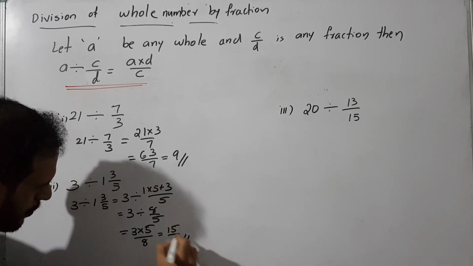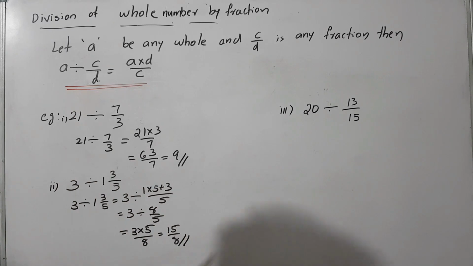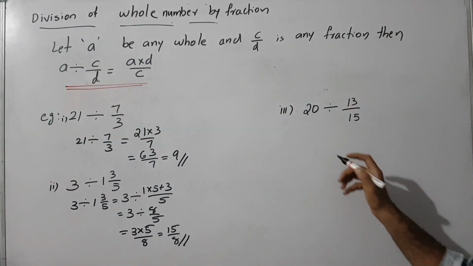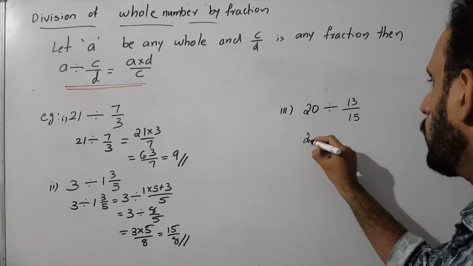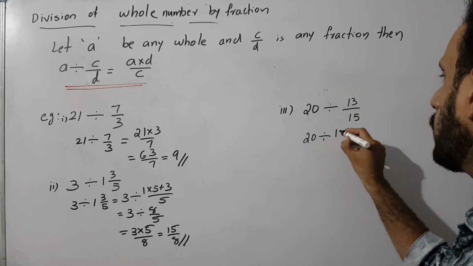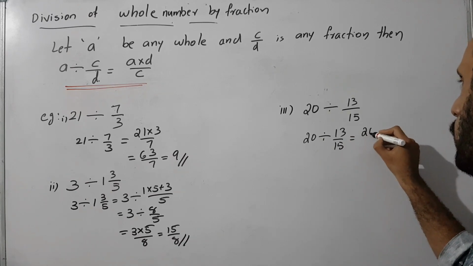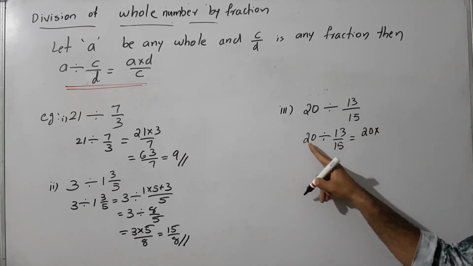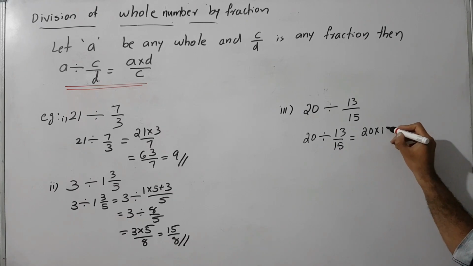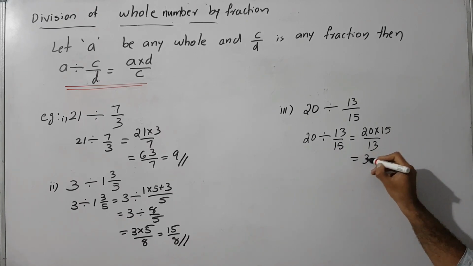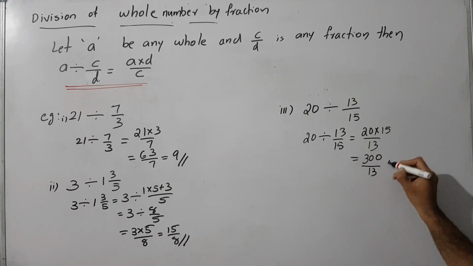Okay, 15 by 8. The third example: 20 divided by 13 by 15. 20 divided by 13 by 15 is equal to 20 into 15 by 13. 20 into 15 is 300 by 13.